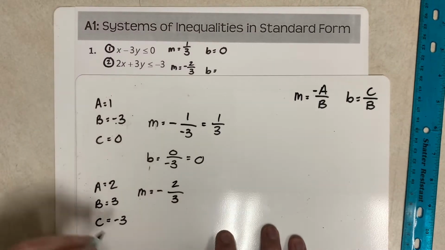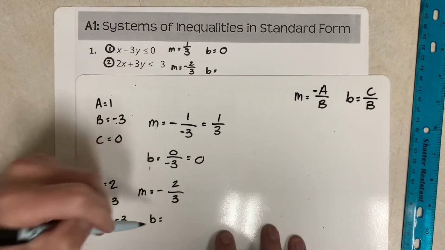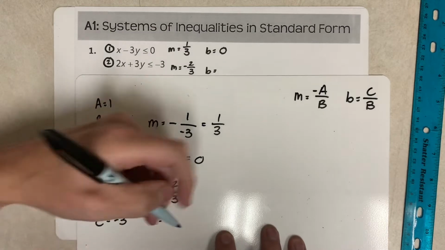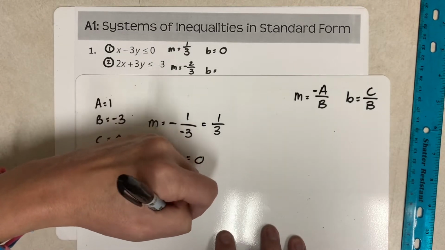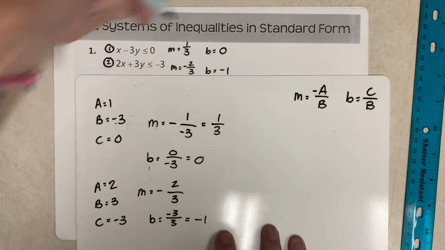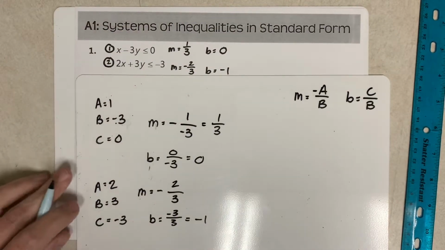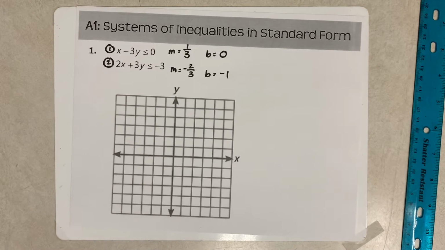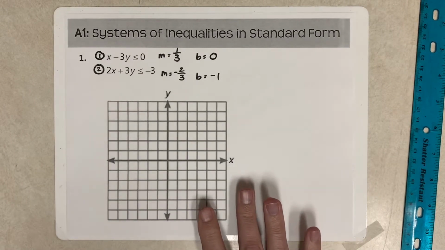My y-intercept is -3 over 3, which simplifies to -1, just like that. All right, and here we go to graph.